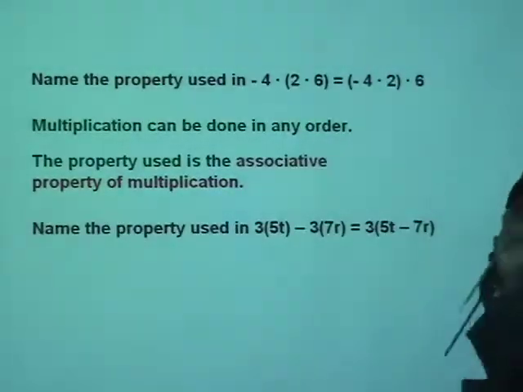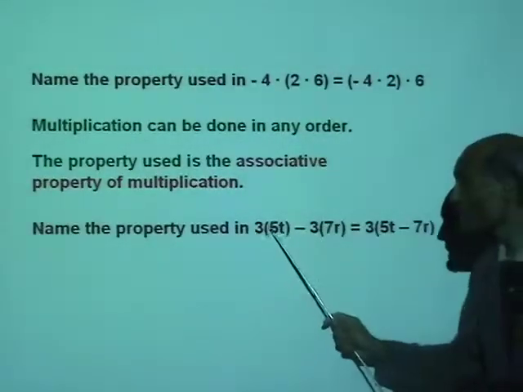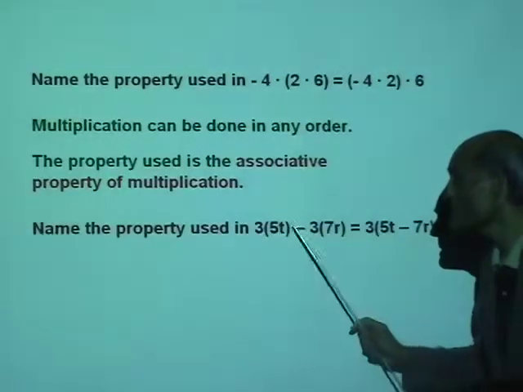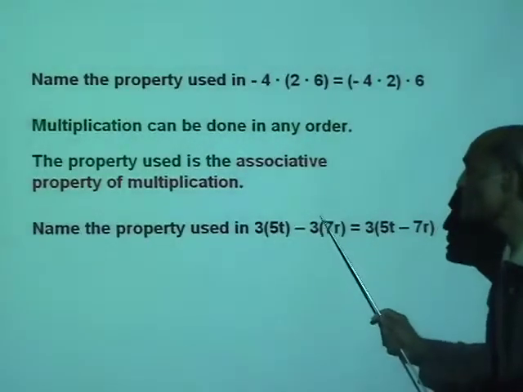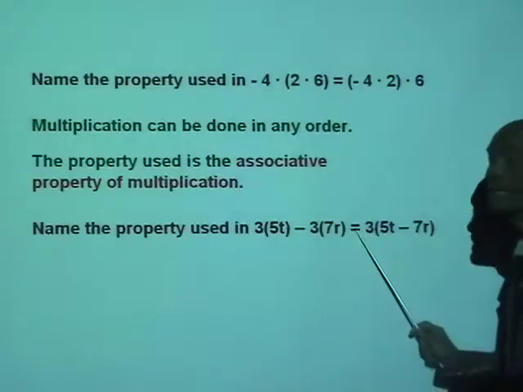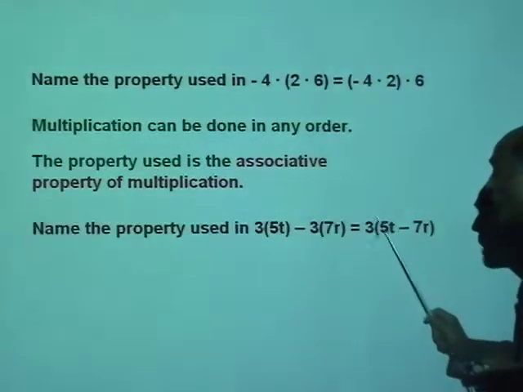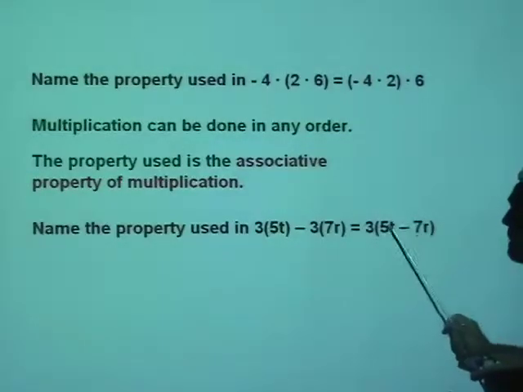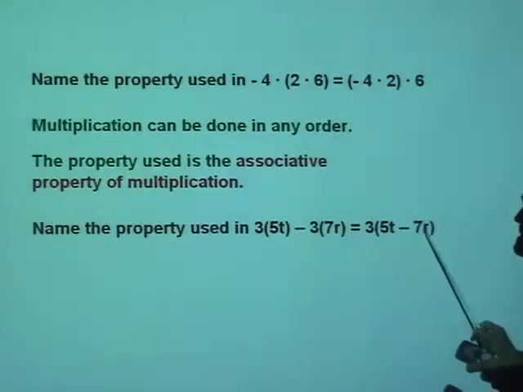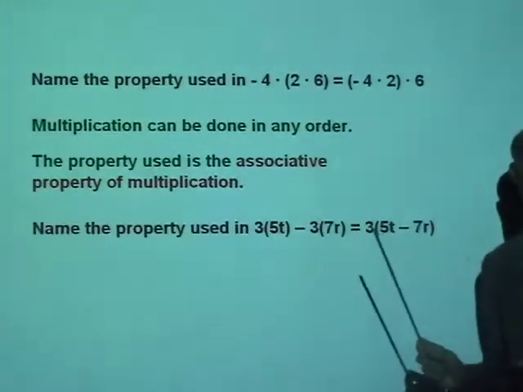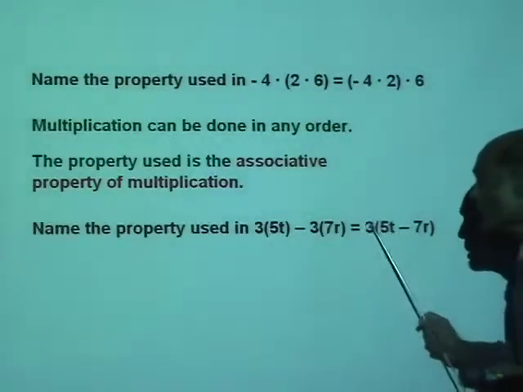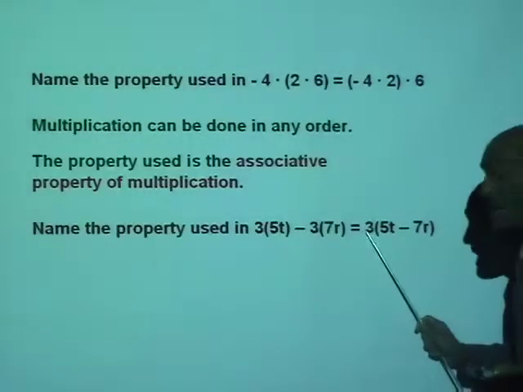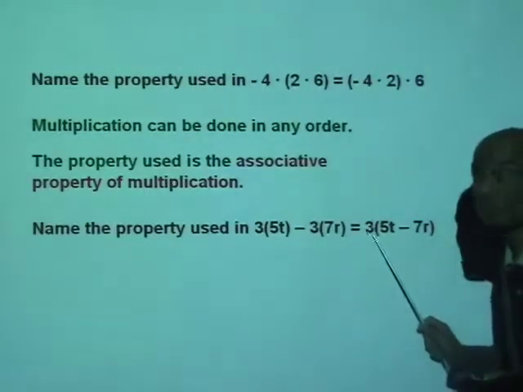How about this? 3 times 5t minus 3 times 7r equal to 3 times in parentheses 5t minus 7r. If you notice this, if you distribute the right side, you know how now to distribute, is that right?